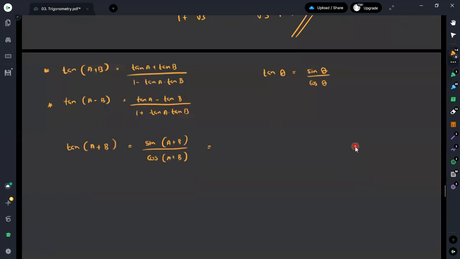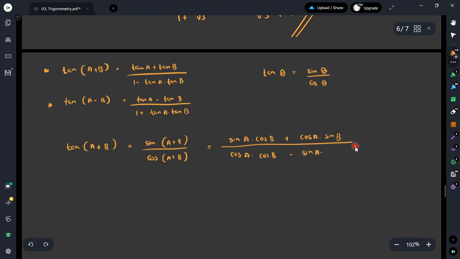Instead of sine A plus B, we can say it is equal to sine A times cosine B plus cosine A into sine B. This is what we had for sine A plus B, and we can write it for cosine A plus B as well: cosine A into cosine B minus sine A into sine B. But for this proof, what you can see is that in the numerator and denominator we are having the tangent values.